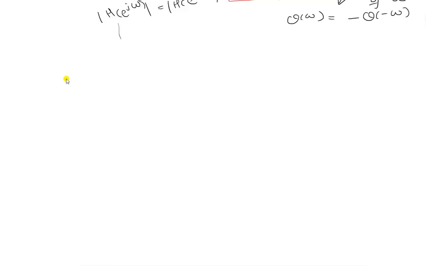Now, according to our question, we need to find the frequency response of the given function, that is y of n is equal to 1 by 2 into x of n plus x of n minus 2.